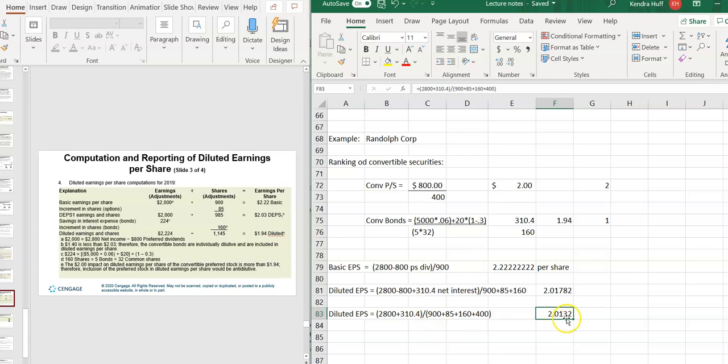And it's still even a little bit lower. See how it went down even a little more? All right, and my number is different than theirs because of those shares.